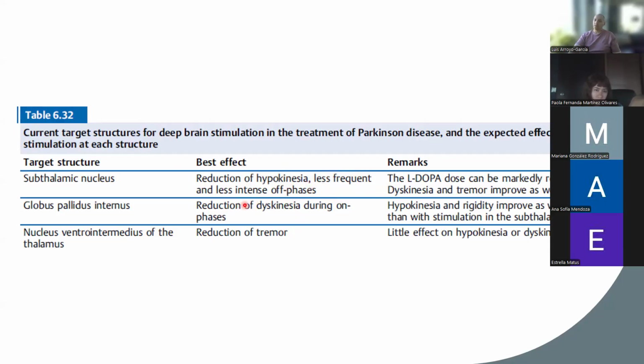And here you have less effect, I would say, like reduction of dyskinesia during on phases. And then if you go to the ventralis intermedius of the thalamus, you have reduction of tremor. So basically it depends on which gives you a better effect on what you are looking for. Okay, thank you. For example, you have less need of the pharmacological treatment, so it's a win-win in that case.